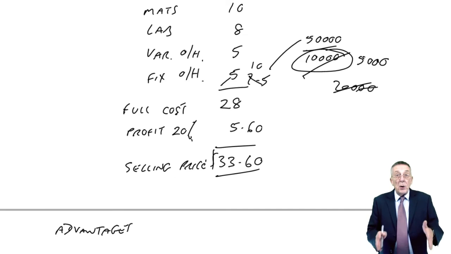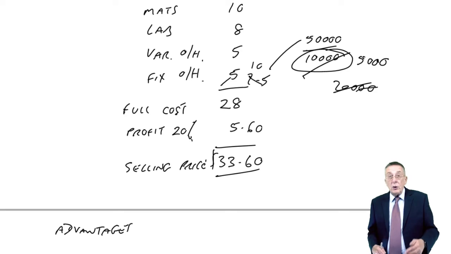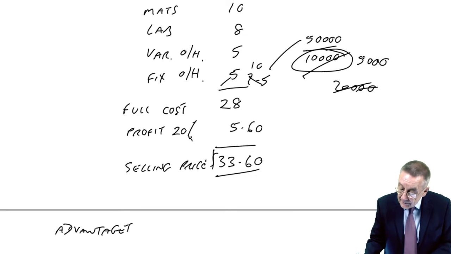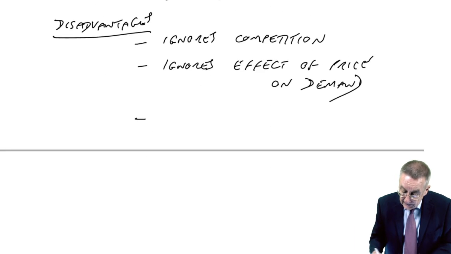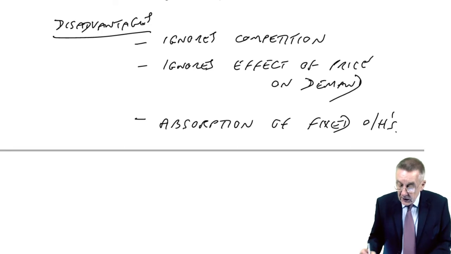And if we do sell more or less than 10,000, because of the absorbing business, the cost per unit changes, and it changes everything. That's the big problem. The absorption, the charging of the fixed overheads, the fixed costs.